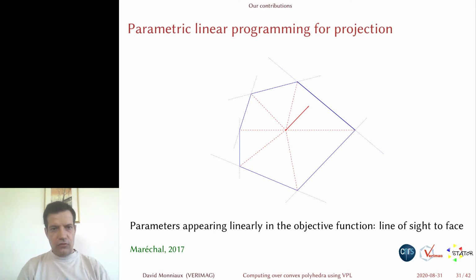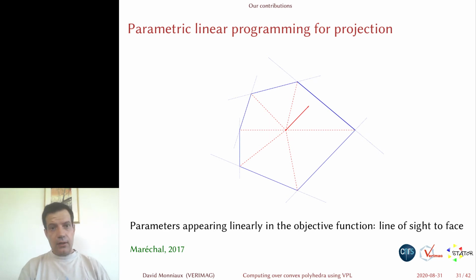So for instance, if you take as many parameters as the dimension of the space, so you take all possible optimization directions, then you're essentially computing a map of all the vertices of your polyhedron and a kind of cone of directions in which each vertex is the optimal vertex.